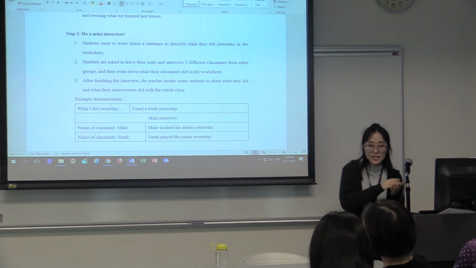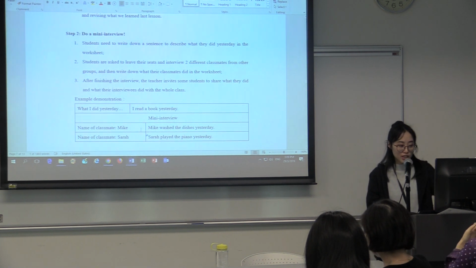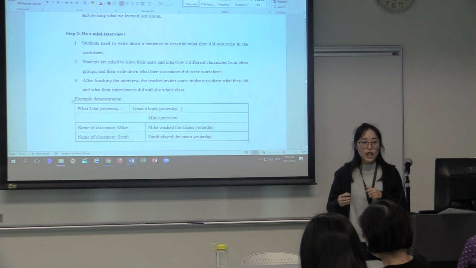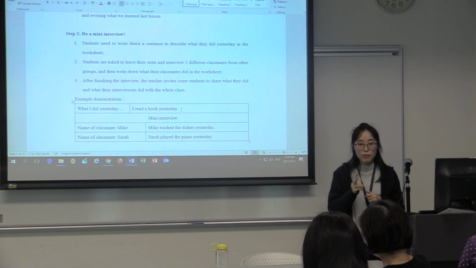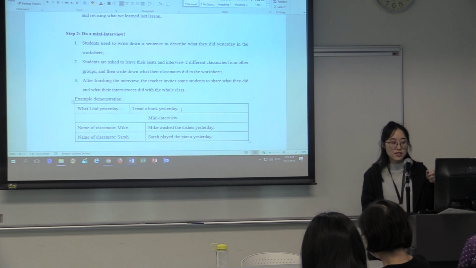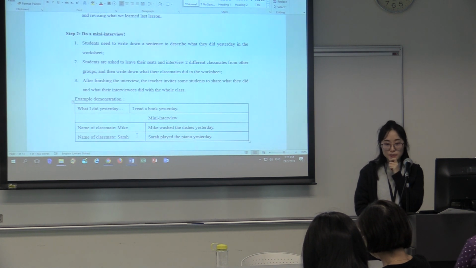For example, for Mike, they need to write what he did yesterday on this worksheet. Then each student is asked to interview 2 different people from other groups, write down the classmates' names, and write down what the students did yesterday on the worksheet.